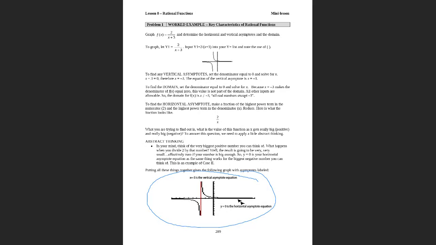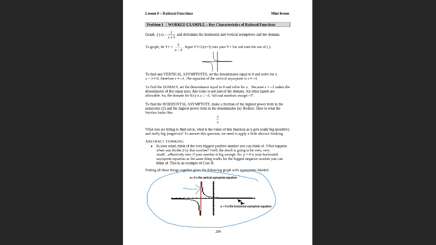If you look at this, the red line, which is x equals minus 3, you can clearly see that the graph is approaching the red line, but it's never going to touch it.